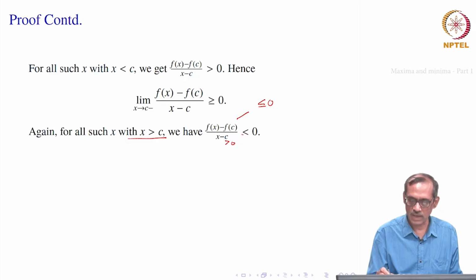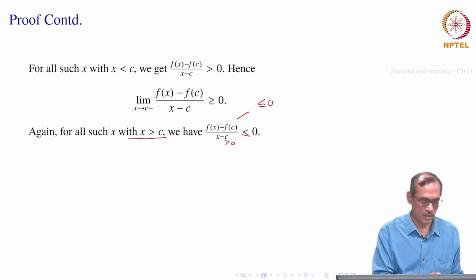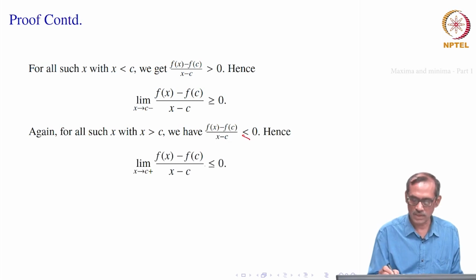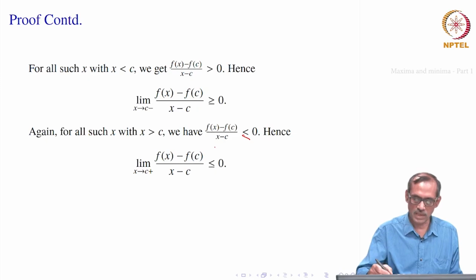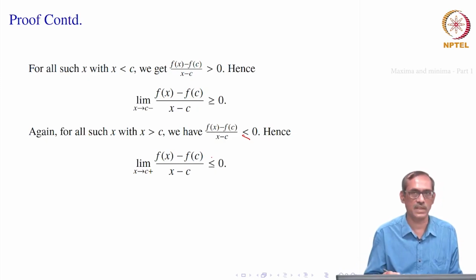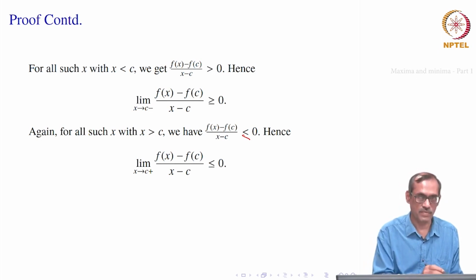So, you get the quotient less than or equal to 0, right. Then when you take the limit, since it is less than or equal to 0, you get again the limit as x goes to C plus of f of x minus f of C by x minus C should be less than or equal to 0. Now, the thing is both the limits exist. So, one is greater than or equal to 0, another is less than or equal to 0 and they are equal, that is equal to f prime of C.